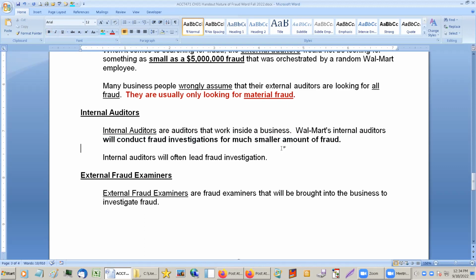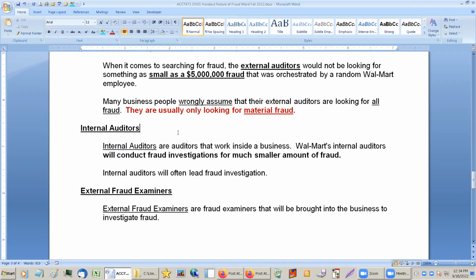So the internal auditors are usually much more likely to find fraud, because they're looking for smaller amounts. $5,000 fraud. And the fraud's gonna be much smaller.